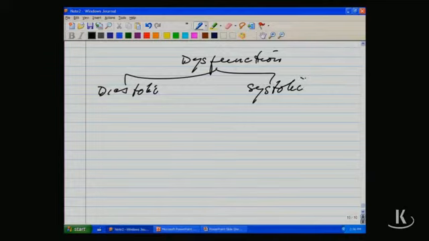If it's diastolic dysfunction, then this has to do with a dysfunction in filling, in the ability of the heart to fill itself. So diastolic dysfunction is really filling dysfunction, as would occur, for example, in a case of severe hemorrhage.